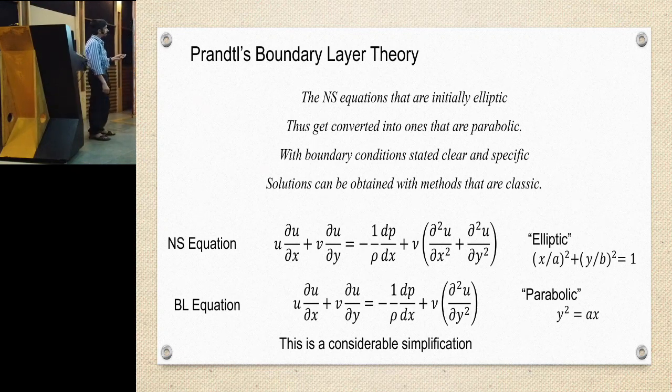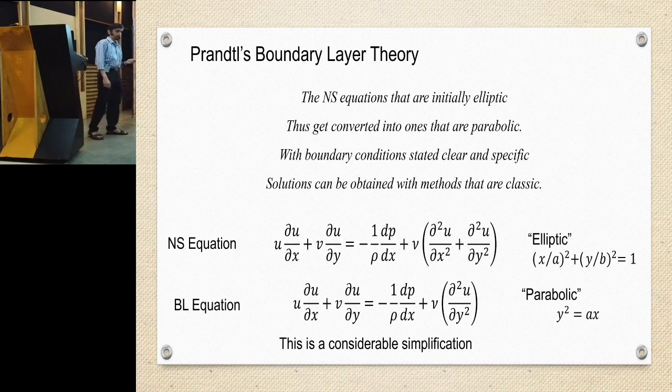So the Navier-Stokes equations that are initially elliptic, thus get converted into ones that are parabolic. See, this is where you can make connections to all that you have learned. I don't know if you have learned partial differential equations and their classification as elliptic, parabolic, or probably you will. With boundary conditions stated clear and specific, solutions can be obtained with methods that are classical.